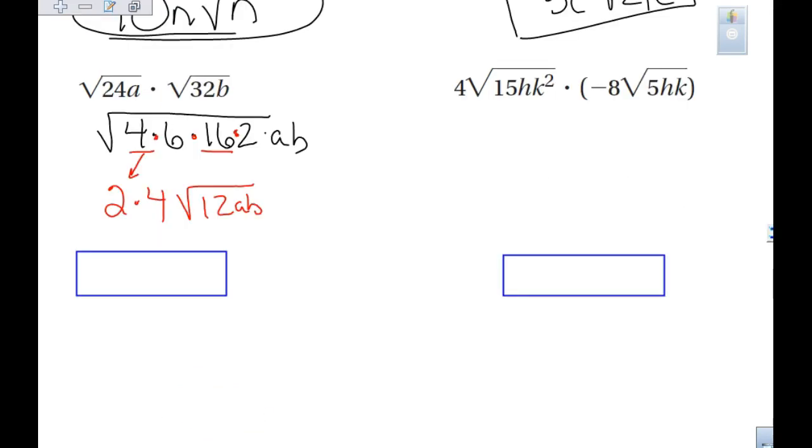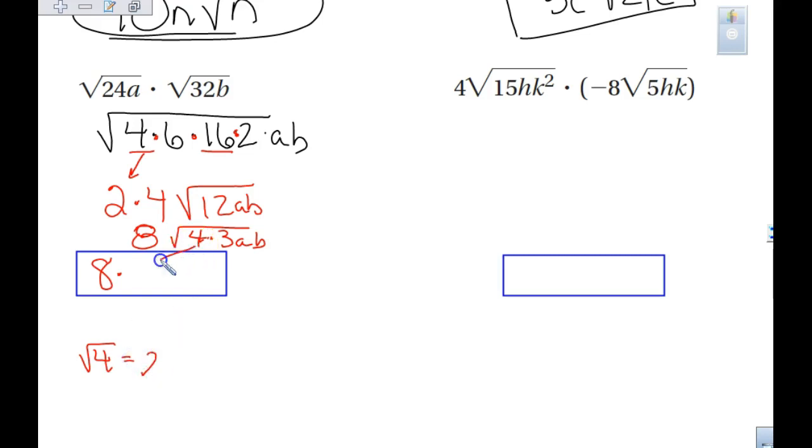No, because the perfect square that goes into 12 is 4. So this is 8, right? And I have 4 times 3AB. So if I'm looking at this one, what am I looking at? 8 times the square root of 4, why is it? I'm looking at the square root of 4, it equals 16.